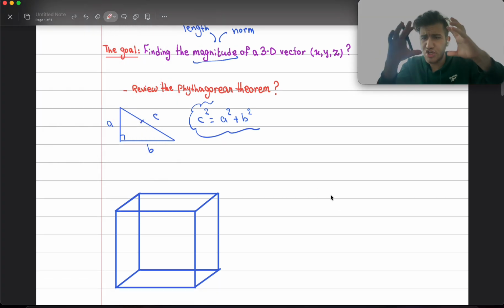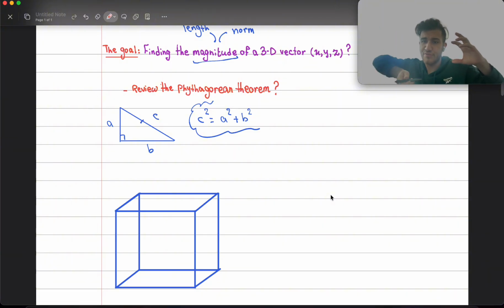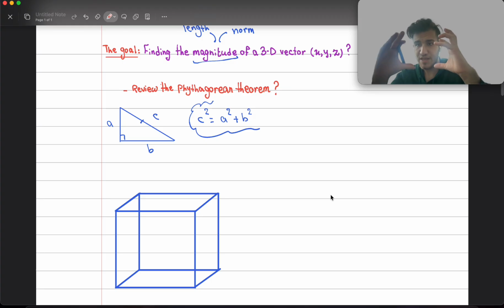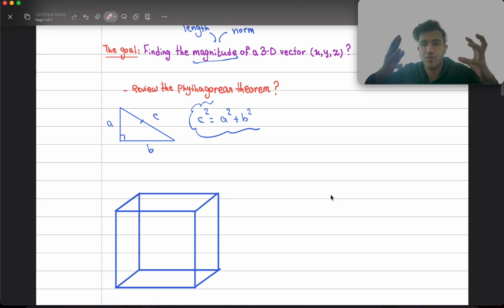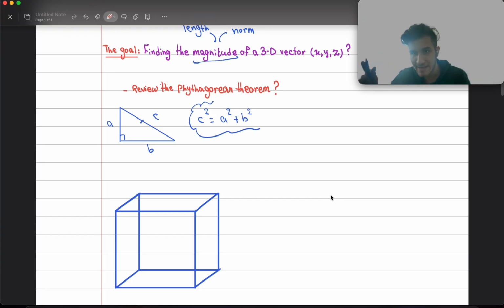If you have a cube, a vector in three-dimensional space means that the vector is pointing into that cube, somewhere not on the surface, but inside the cube. That's the whole idea about three-dimensional spaces.